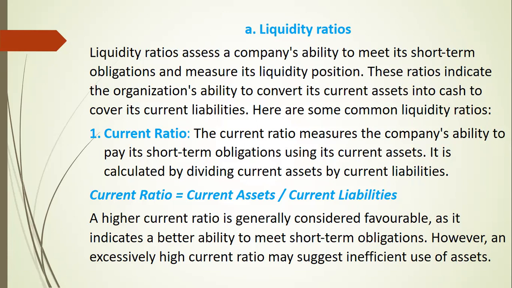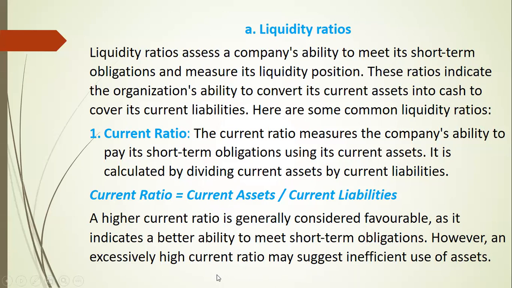A higher current ratio is generally considered favorable, as it indicates a better ability to meet short-term obligations. For example, if our current ratio is 2, it means our current assets can pay our current liabilities twice. If it is 3, our current assets can pay our current liabilities thrice.